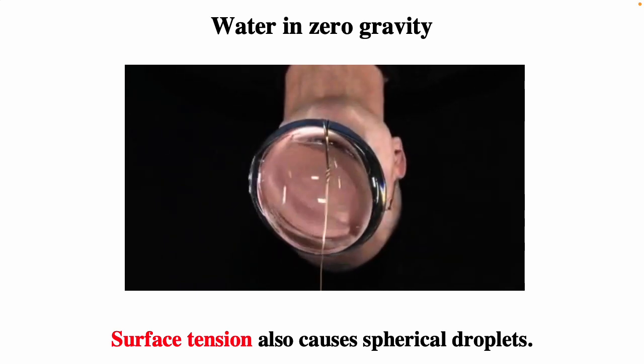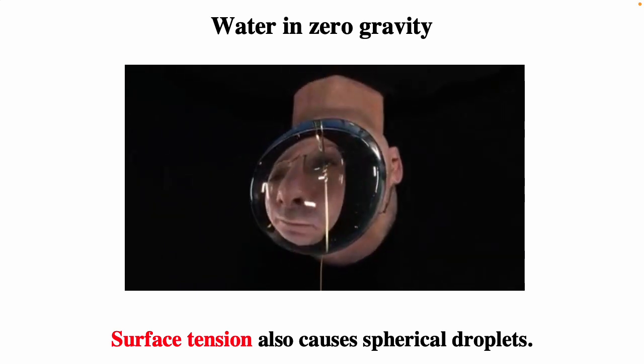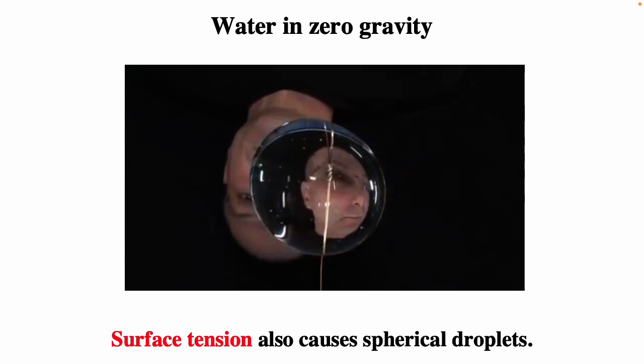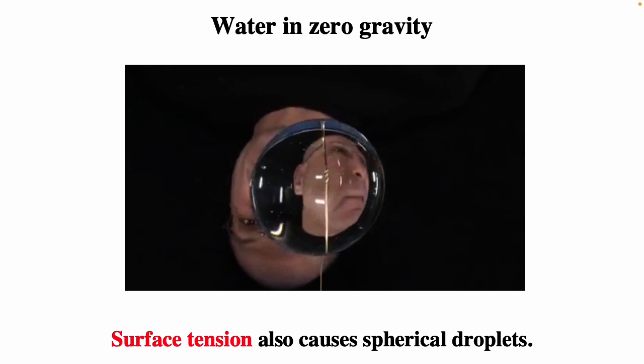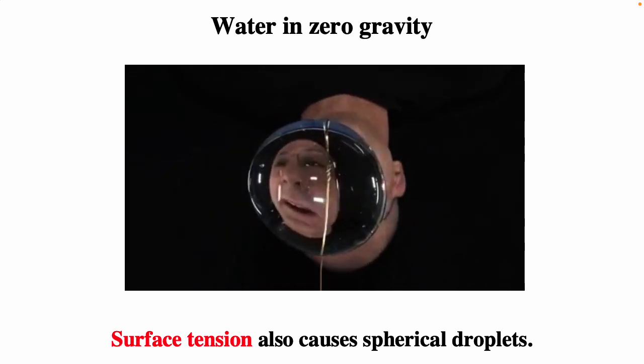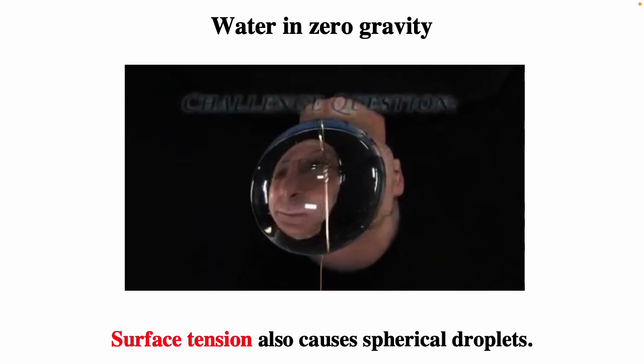So it's really kind of cool. The water stays together just because of intermolecular forces. And so you could have a drop as big as someone's head if you have no other forces around. Background, so I'm just a floating head.